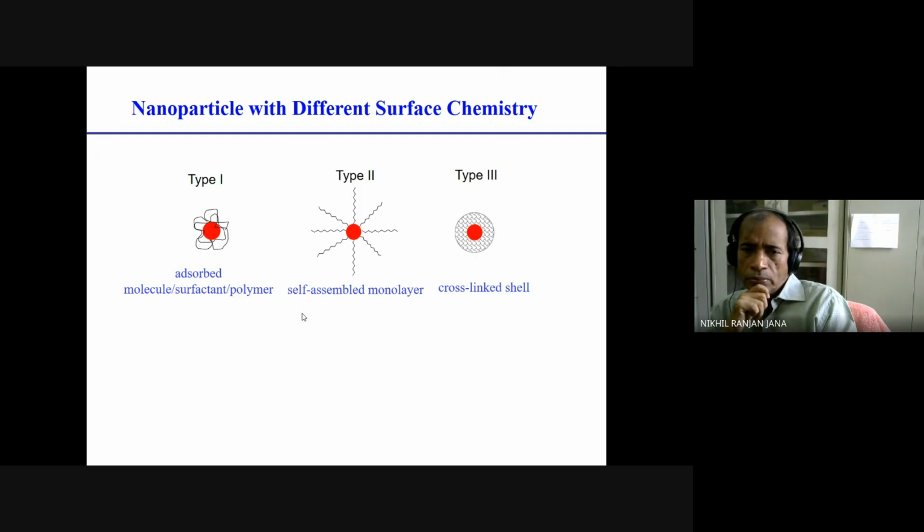How to make them? Before that, you have to know what's the type of nanoparticles, what's the surface. These are the types of surface. But we like to make this kind of particles. Nanoparticles with cross-linked shells, so that they are very stable. You can do organic chemistry at the surface.